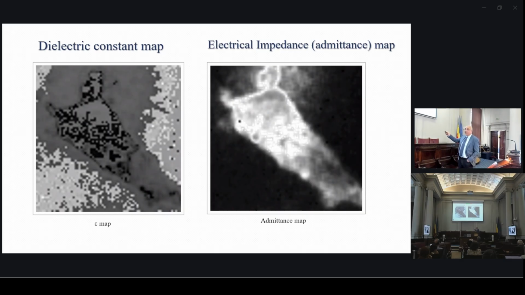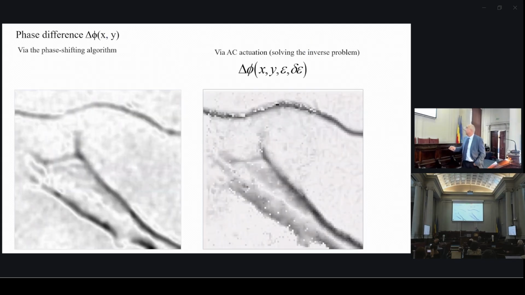You clearly cannot be impressed by the quality of this image, but for us it was important because we could show the proof of concept. And what is the most important thing is that this is the image, which unfortunately doesn't look nice on the screen, provided by the standard GLIM method on the left, and on the right is the image provided by solving the inverse problem. And for us, of course, there is no cosmetics here. These are just the data that we obtained.